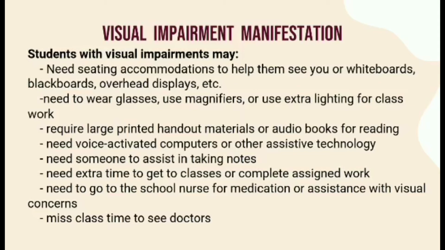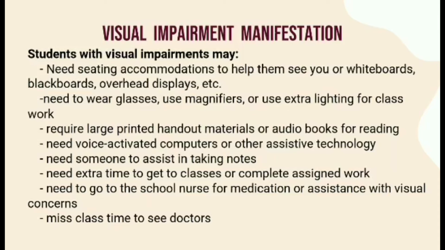Students with visual impairments may first need seating accommodations to help them see you or whiteboards, blackboards, overheads, or displays. By this, they are able to see the writings on the board without any hindrance. Next, they may need to wear glasses, use magnifiers, or use extra lighting for class work.